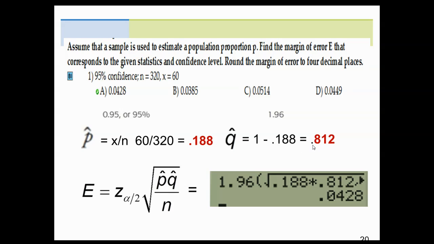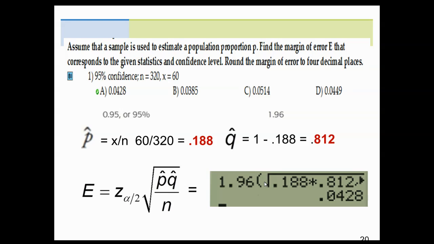Well, once I know p hat and q hat, I already know that for a 95% confidence interval my z-score is 1.96. All right, there it is, 95%, 1.96. So in place of my z-score, I'm putting in 1.96. I put this in parentheses. You didn't have to; if you don't use parentheses, you have to use a times sign right here.